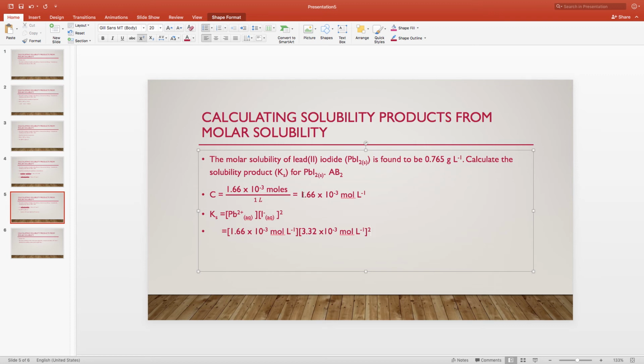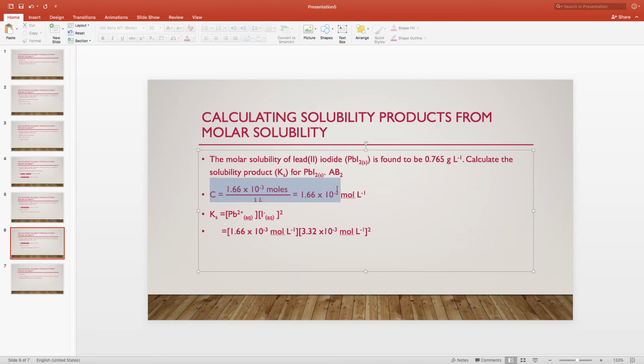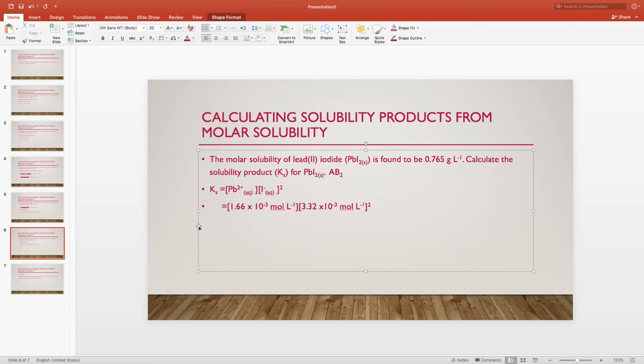So we've got to multiply this by 2 for the iodide, because for every mole of lead iodide that breaks down, we're going to get 2 moles of iodide. And then we've got to square it. So the final step in our calculation here is now to use this information to calculate the Ksp.